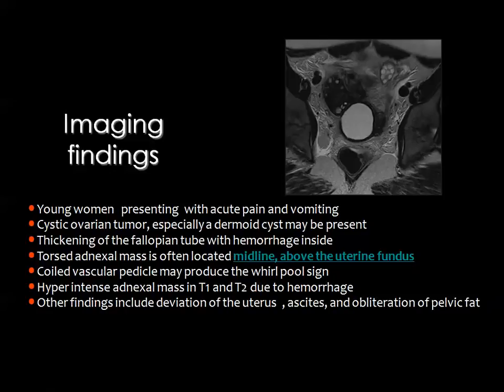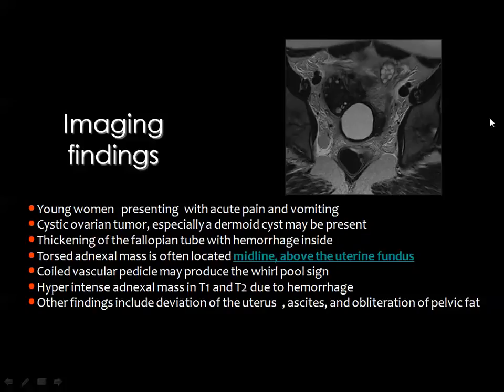Then torsion is usually seen in a young woman, and the clinical presentation is usually acute pain and vomiting. And sometimes the torsed ovary is seen in the midline above the uterus.